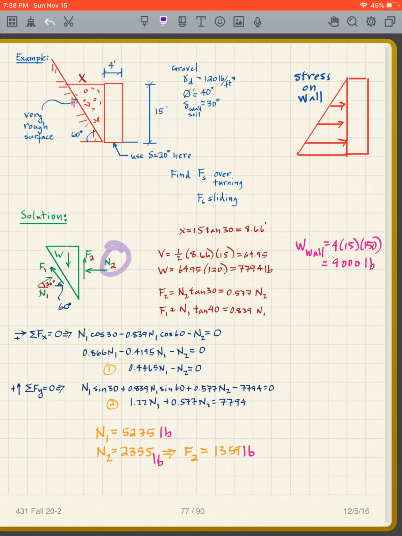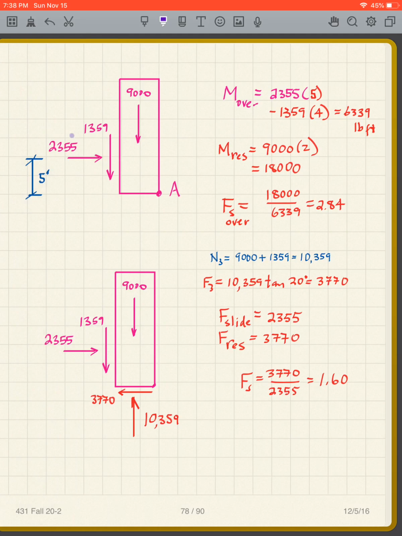Again, this is going to the left, that's going up. So I want to the right and down. To the right and down. And there's my weight of the wall. I'm going to assume 1/3. We don't quite know that, but we're going to take it 1/3. That's what we normally have.